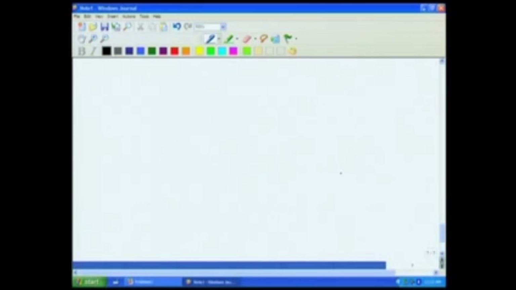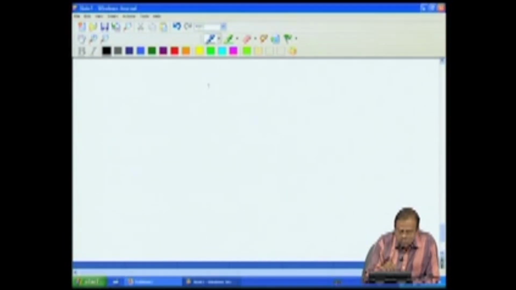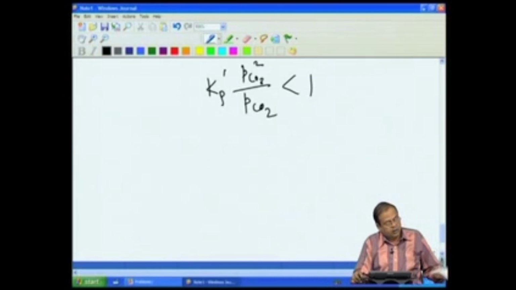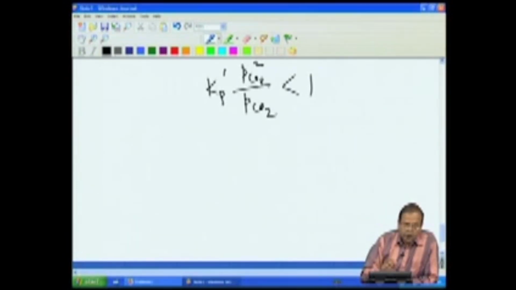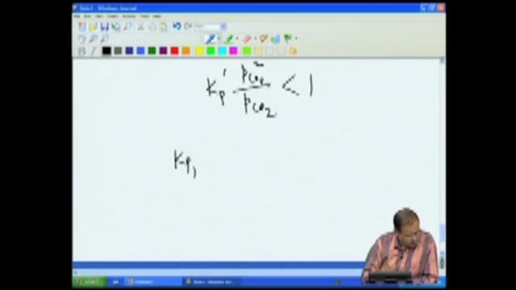So, if I now once again set up the stoichiometric table and so on, I want my Kp prime into partial pressure of CO square divided by partial pressure of CO2 to be less than 1 at the startup. So, I will once again set up the stoichiometric table, make use of Kp1, again Kp1 we know what it is.